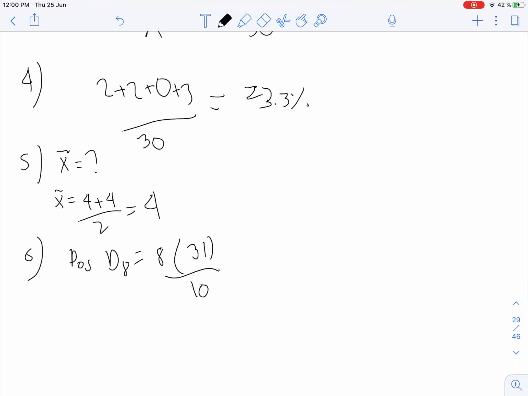Once you know that position, then you have to go to the table, check the cumulative frequency again. That information will help you to locate in which class is located that decile, the 8th decile. So let's find the position. It's 24.8.